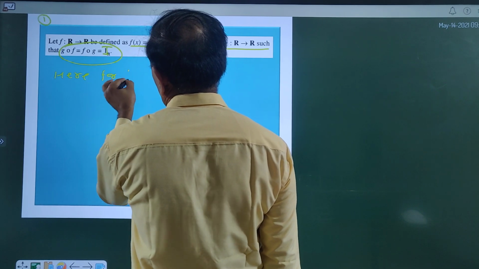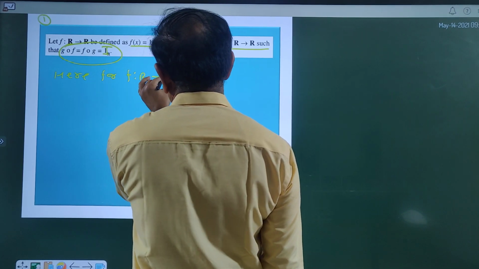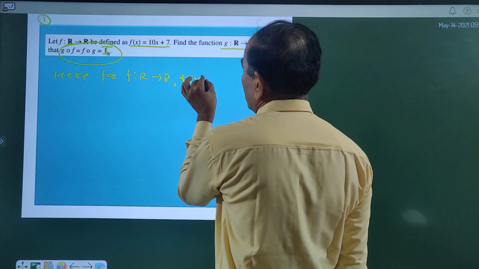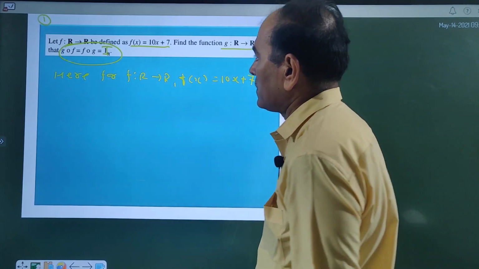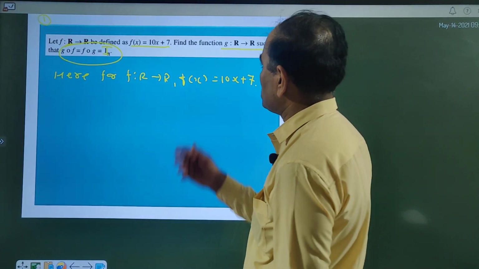Here for f from R to R, f of x is equal to 10x plus 7. We want g.